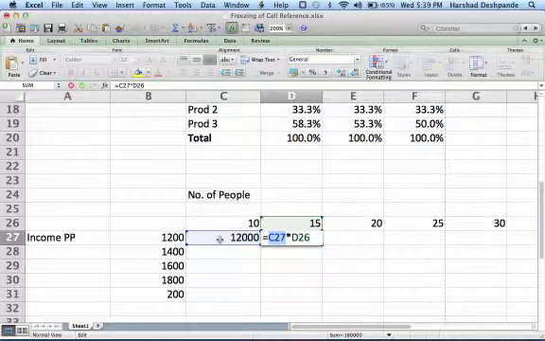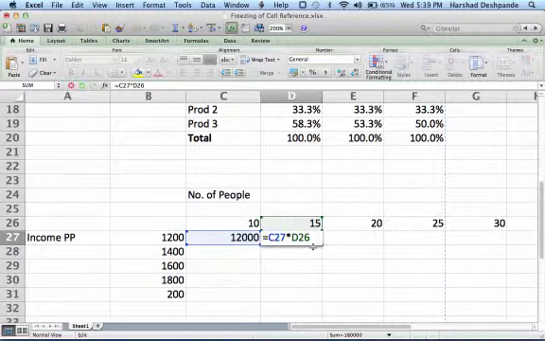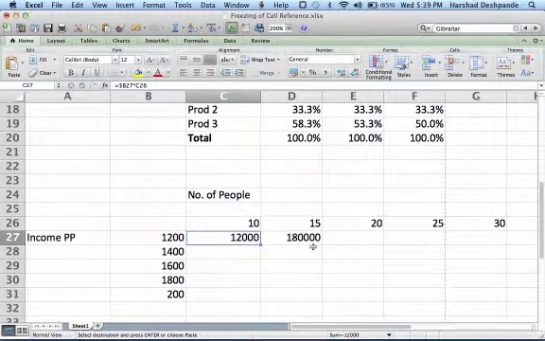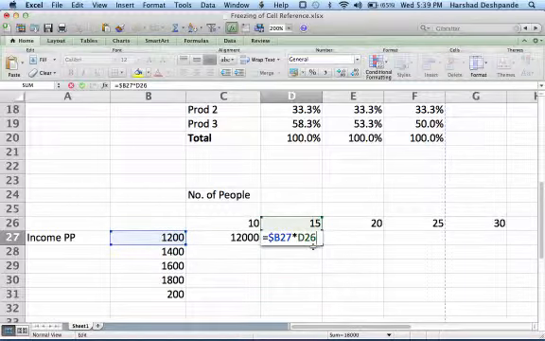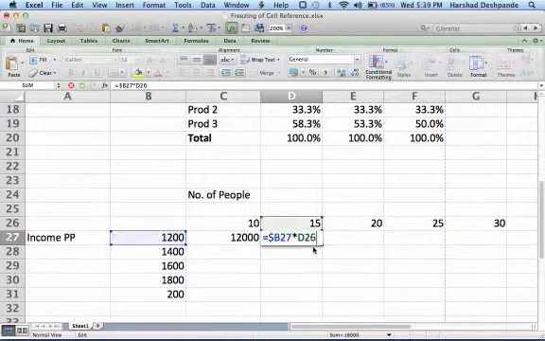It happened because you copied B27, which has become C27 now. So what you need to do is you need to go back over here and put a dollar sign before B27. Now you copy it and paste it over here, and you would see the value is correct. Instead of 1,80,000, it is now 18,000.